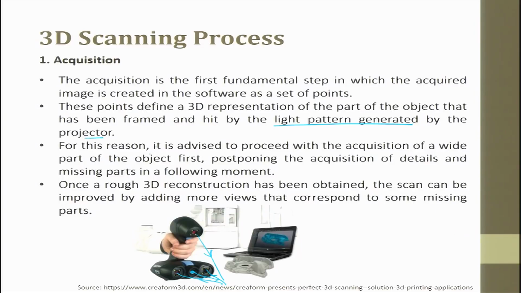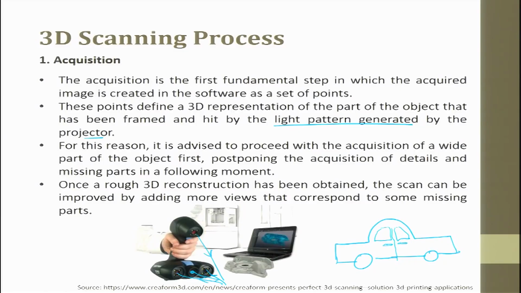For this reason, it is advised to proceed with the acquisition of a wide part of the object first, postponing the acquisition of details and missing parts to the following moments. So, for example, if you have a car, you might have doors and windows, and all those minor details like the handle and other things will be there.